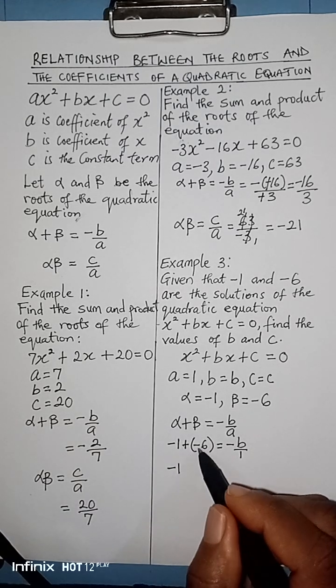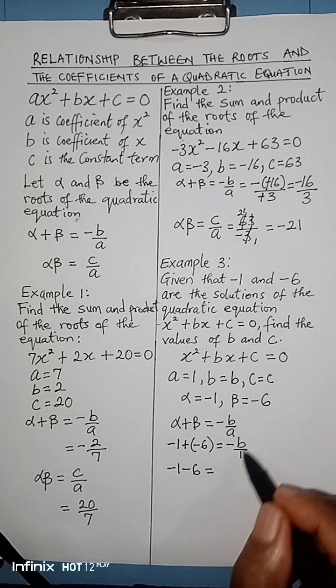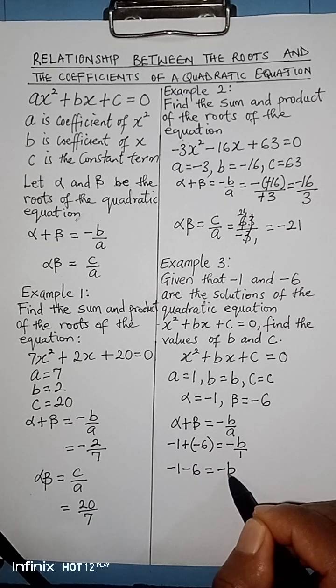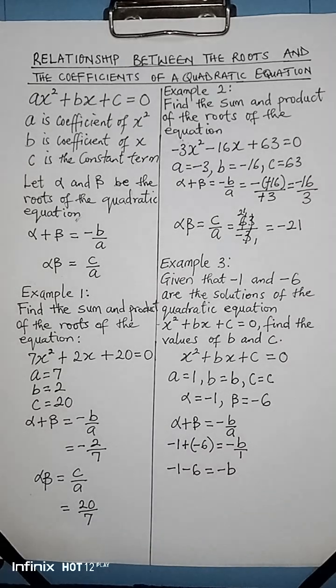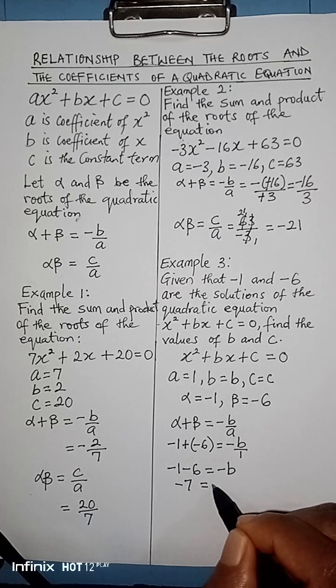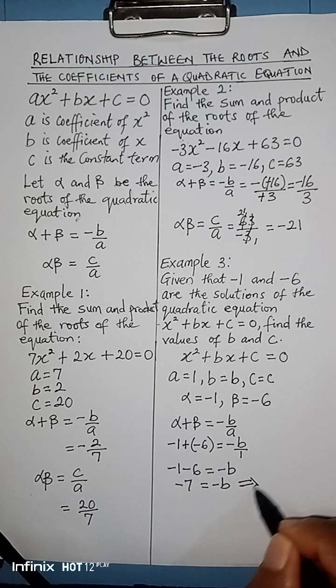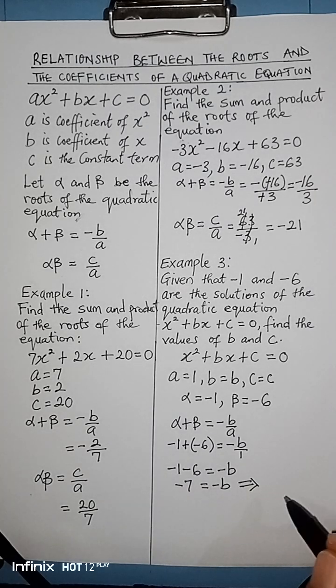Minus 1 plus minus 6 equal to minus b. Minus b divided by 1 is minus b. So this is minus 7 equal to minus b. This implies that if you divide both sides by minus 1, b will be equal to 7.